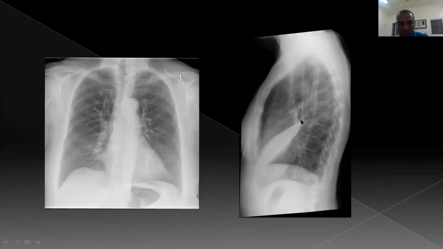The horizontal fissure in the lateral view should pass this way, this line. But in this case, it is displaced inferiorly and posteriorly, forming what we call middle lobe collapse. Sometimes this can be confused with loculated pleural effusion in the oblique fissure. But in this case, together with the PA and lateral view, it's straightforward for right middle lobe collapse.